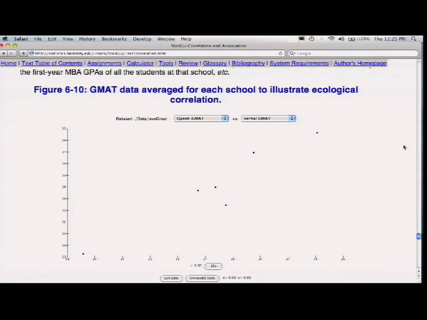What's the extreme? If I divided everybody into 2 groups and calculated the average value of quantitative and verbal GMAT for one group, and the average value for the other group, there's basically 3 possibilities. The 2 averages could fall on a horizontal line. 2 points determine a line, right?